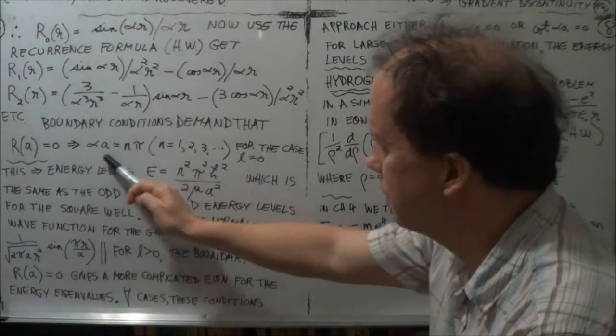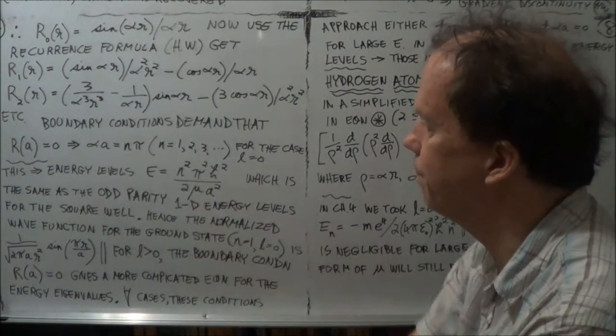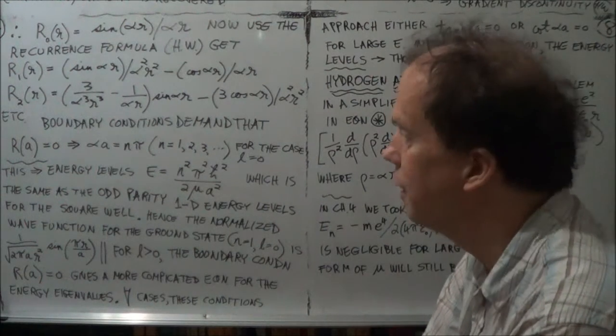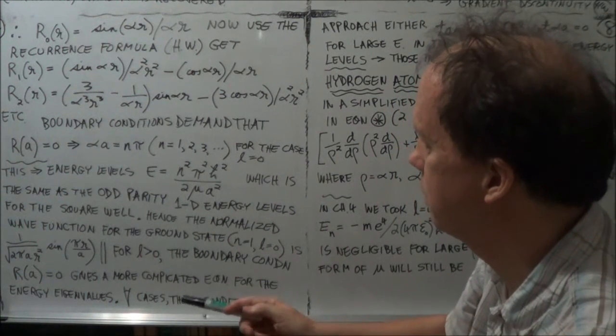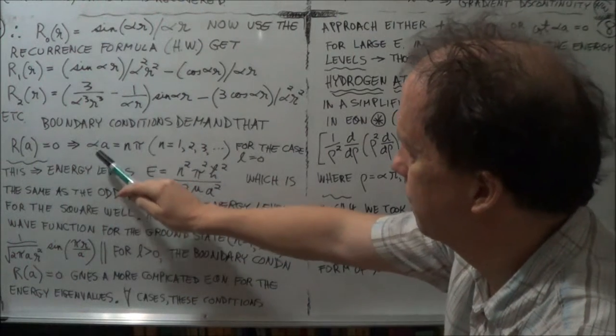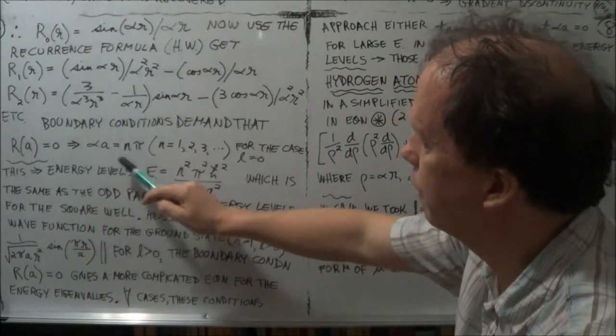This little equation here allows you to calculate the E, your eigenvalues. Why is that? Because alpha will then equal n pi over a. But what is alpha?